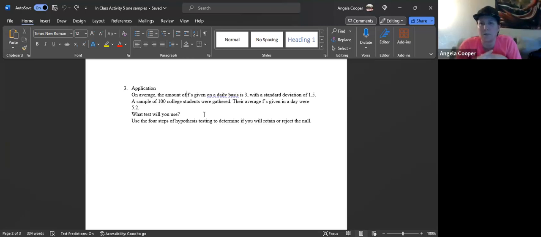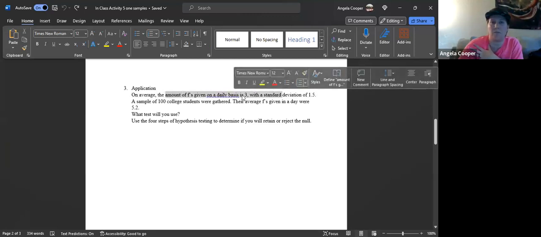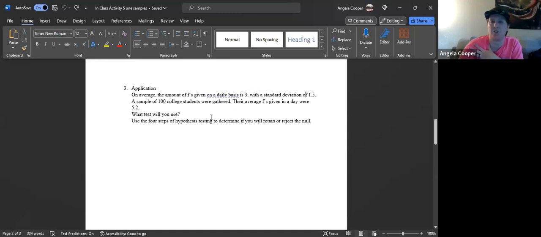What one sample tests are doing is seeing if the population provided, this general population with a mean of 3 and a standard deviation of 1.5, is equal to the population of college students, the population that our sample belongs to. We don't have any information about the population of college students.